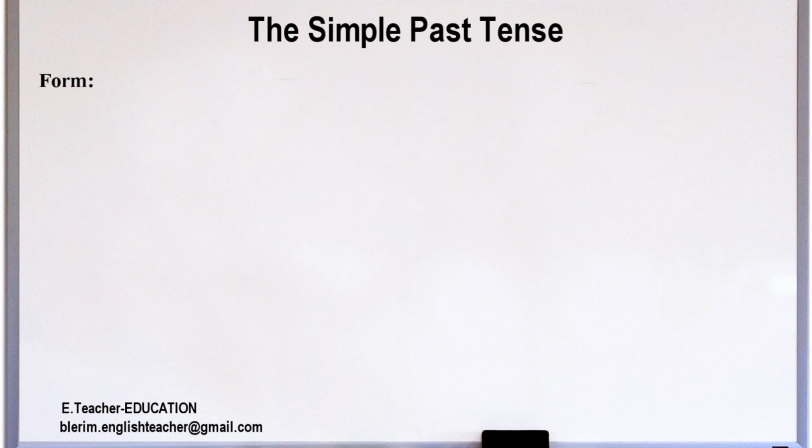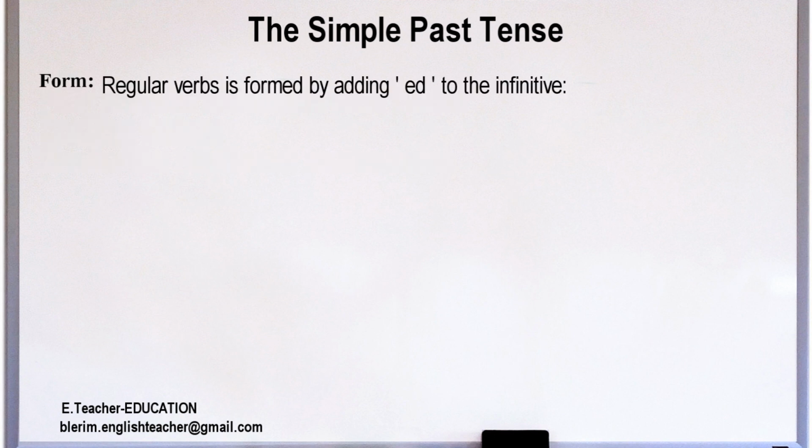The simple past tense in regular verbs is formed by adding ed to the infinitive. For example, infinitive, to work, and past simple, it's worked. You know, we add ed at the end of the verb.